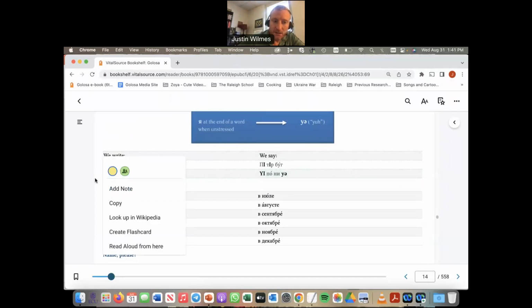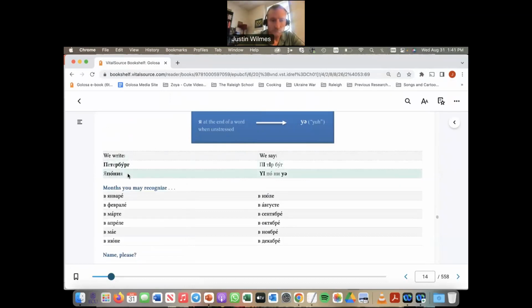Now, this ya at the beginning, if you pronounce it fully the way we learn the name of the letter, it would be Yaponiya. But it gets reduced here because it's not stressed. It actually becomes Iponiya. So basically, it's kind of being swallowed. Okay.